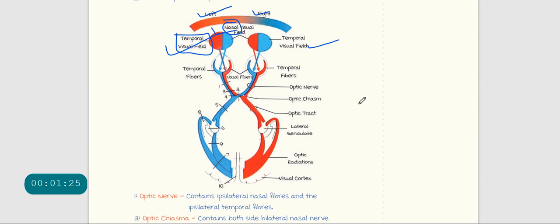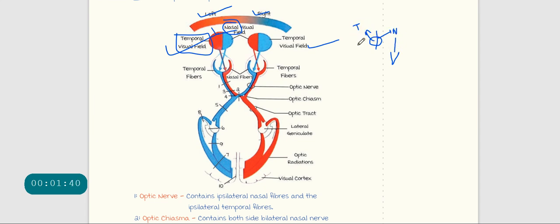So if this is your nose and these are your eyes, it is divided into two: the nasal one near to the nose, and the temporal one.